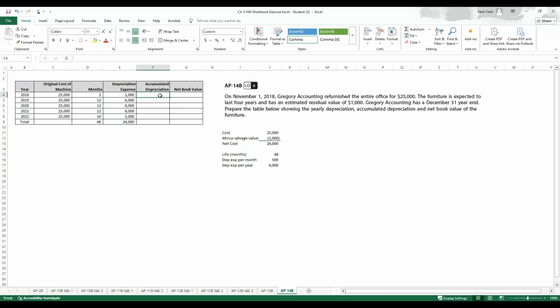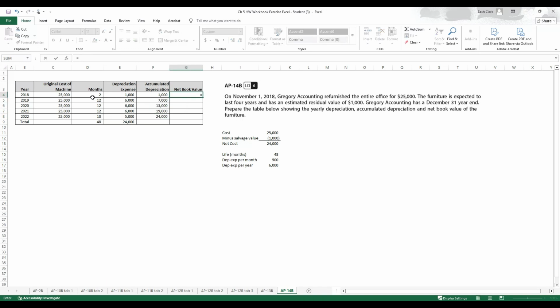So that tells us we're doing something right. Remember, our accumulated here is just taking, for the first year, it's just whatever we recorded, and then for each subsequent year, it's taking the previous year's totals plus the current amount to add that together. I can just drag this down as a formula. And when we get to the end of the 4 years, we've got an accumulated amount of depreciation of $24,000.